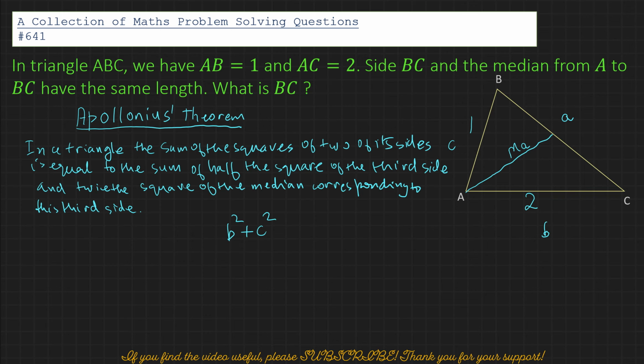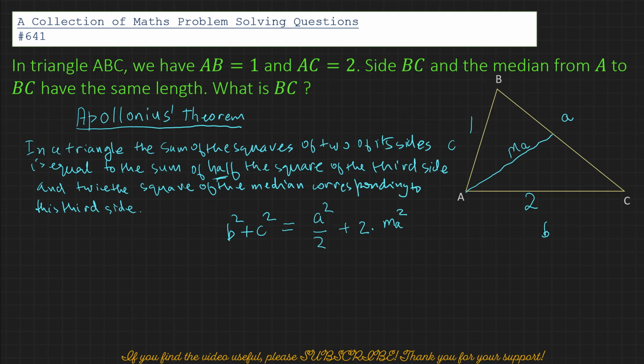That is equal to the sum of half the square of the third side, so A square divided by 2, and twice the square of the median corresponding to this side, so twice MA square.